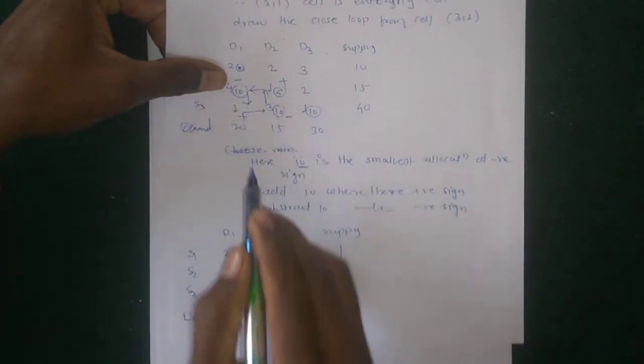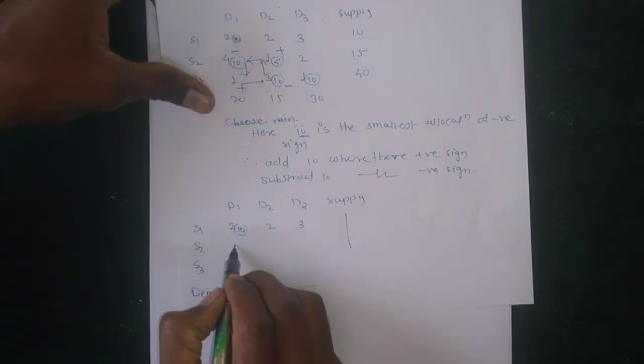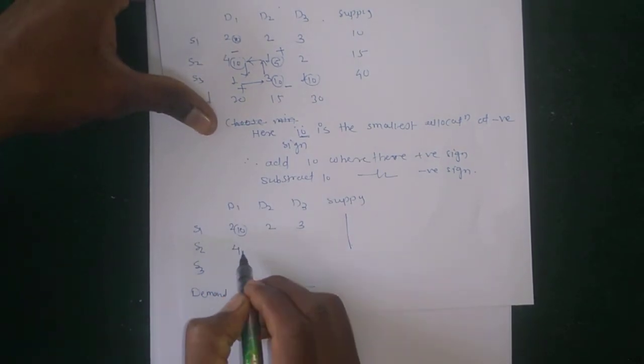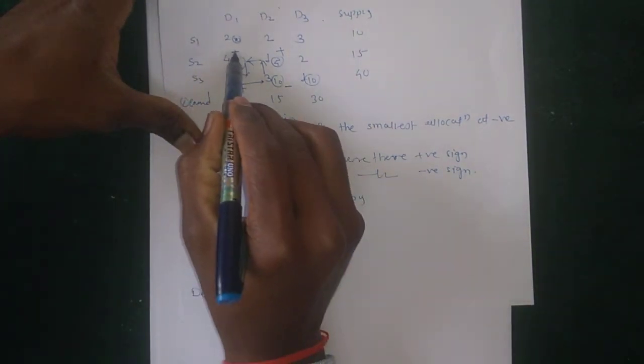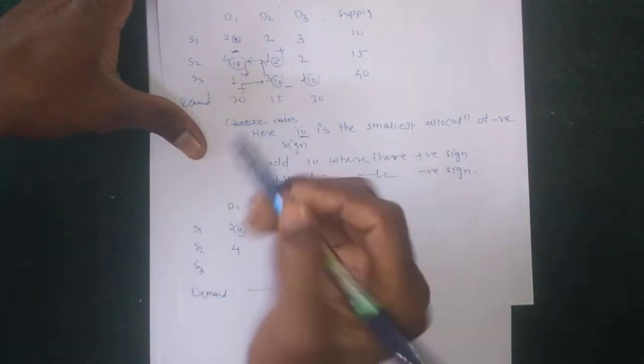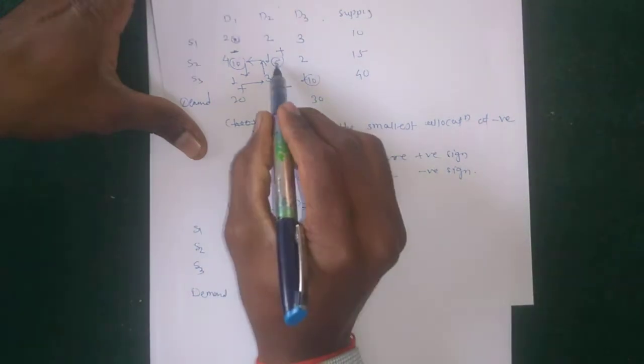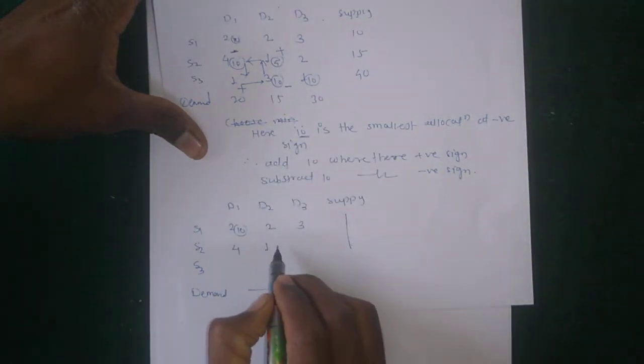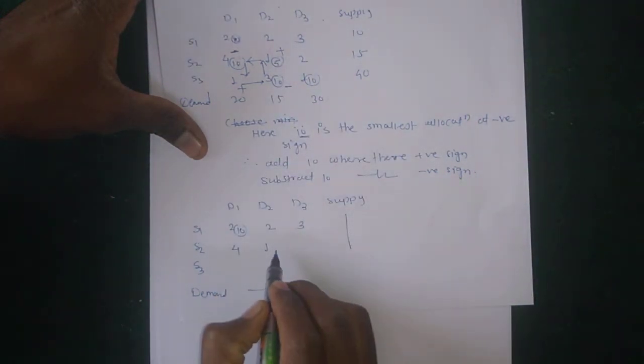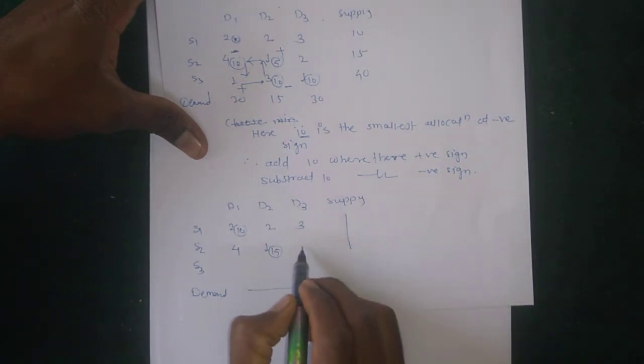Here 10 minus 10 is 0. The sign is negative, so 10 minus 10 is 0 and there is no allocation. Then at the positive sign, 5 plus 10 is 15, then 2 as it is.